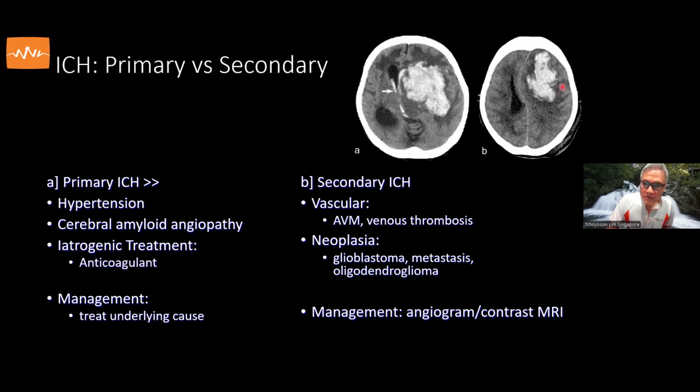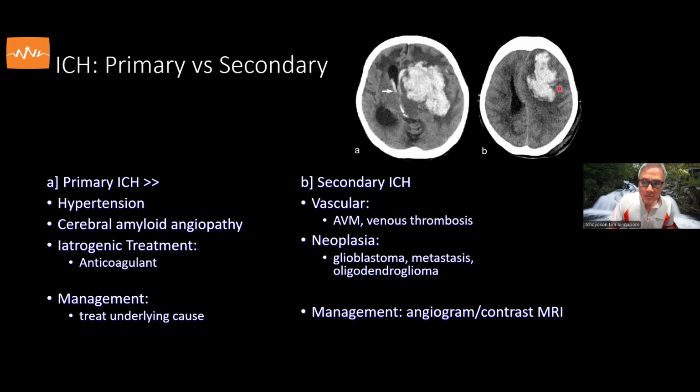Compared to a peripherally located hemorrhage in the cerebral hemispheres, these secondary hemorrhages, we need to suspect that they may be caused by secondary abnormalities, including cerebrovascular disease, such as AV malformation or venous sinus thrombosis, or neoplasia, such as glioblastoma, metastasis, and oligodendroglioma.